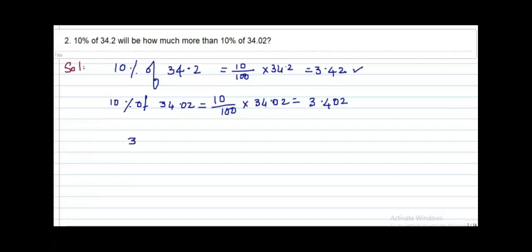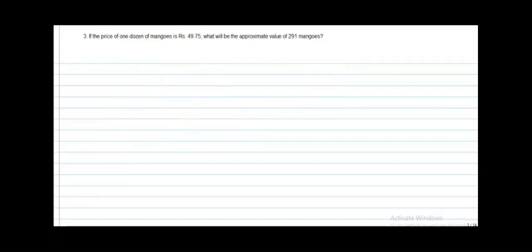Now we need to find out the difference between these two. So it's going to be 3.42 minus 3.402, which is nothing but 0.018. So 10% of 34.2 is 0.018 more than 10% of 34.02. Moving on to the next one.